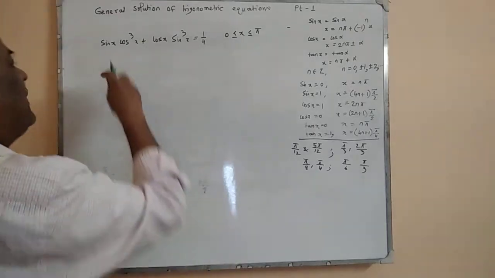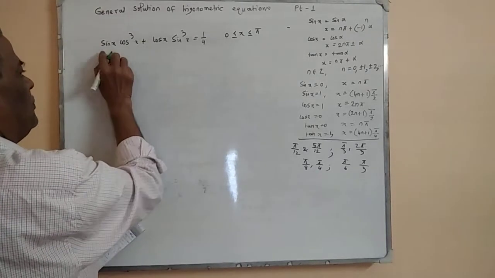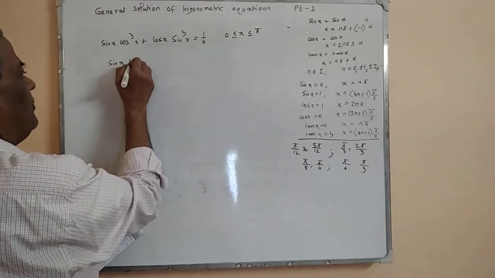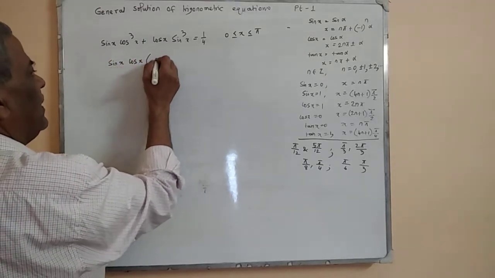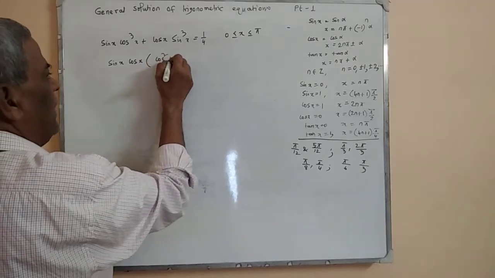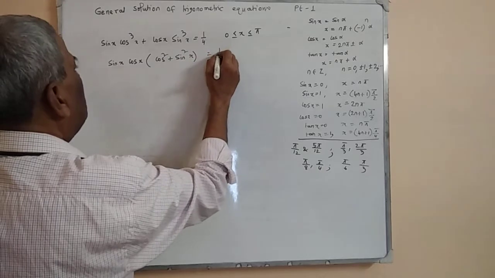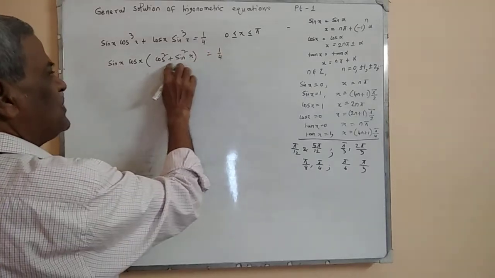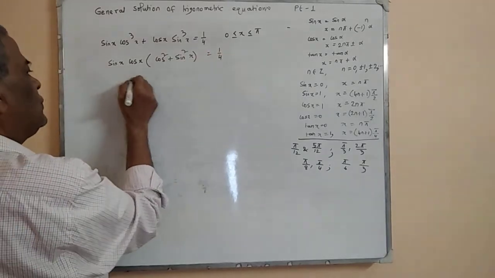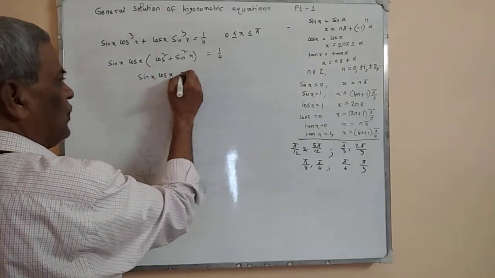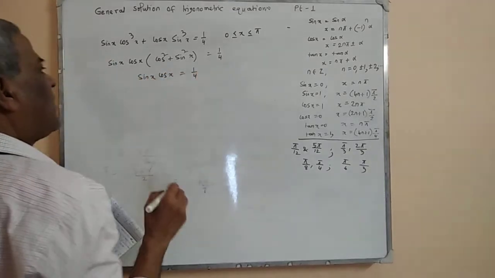So the equation becomes, taking sin x cos x common, cos square x plus sin square x is equal to 1 by 4. This becomes 1. So sin x cos x is equal to 1 by 4.